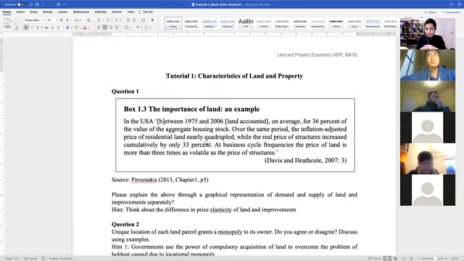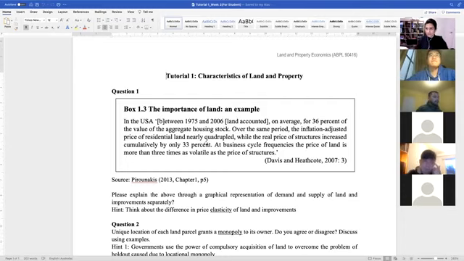So we understand that land supply is much more restricted than the supply of built area on land. It's easy to construct more floor space, but it's not easy to supply more land.